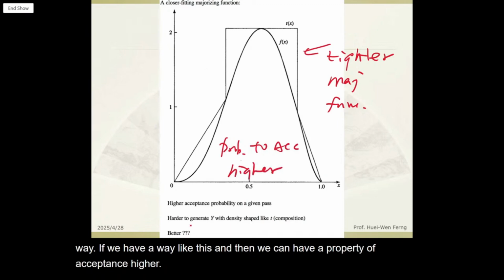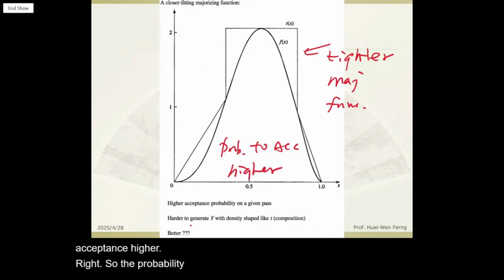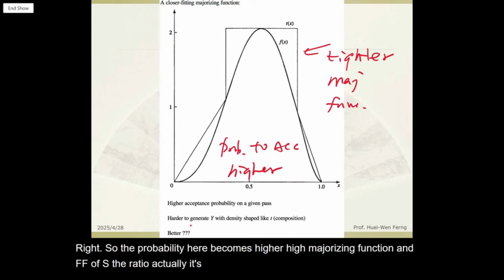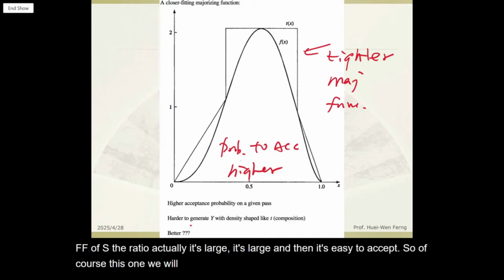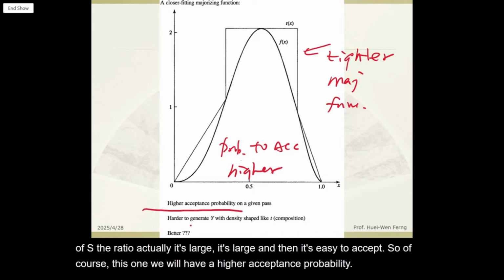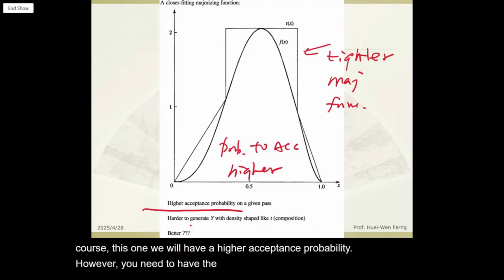Right? So the probability becomes higher. Why? Because the ratio of the majorizing function and f of x is large, and then it's easy to accept. So of course, this one will have a higher acceptance probability.